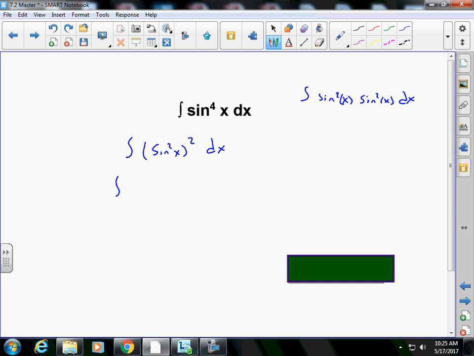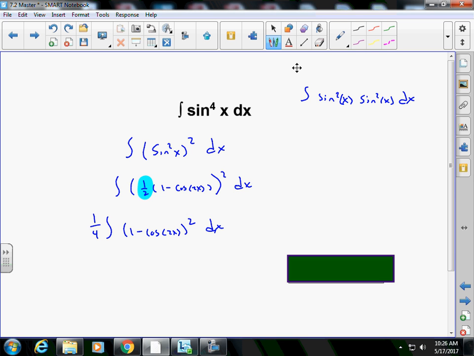So now I'm going to say, well, sine squared x is the same thing as 1/2 times (1 minus cosine 2x) squared dx. So this 1/2 here is being squared, and I could square it and bring it on the outside, giving me 1/4 times (1 minus cosine 2x) squared dx.